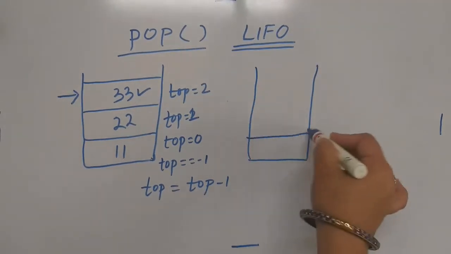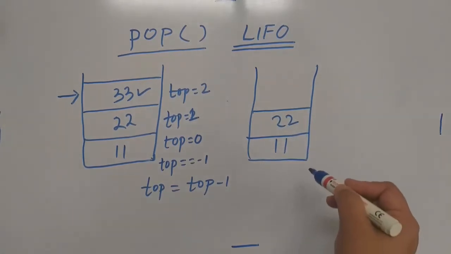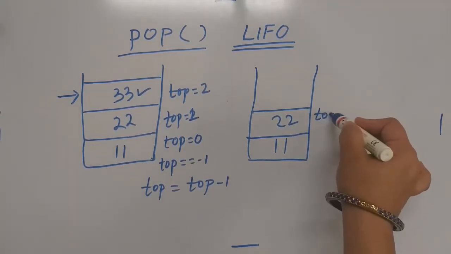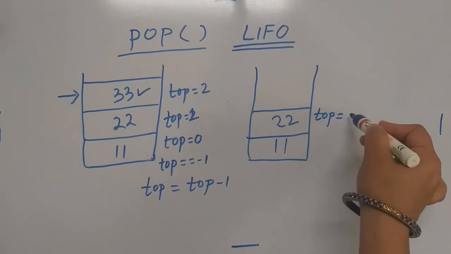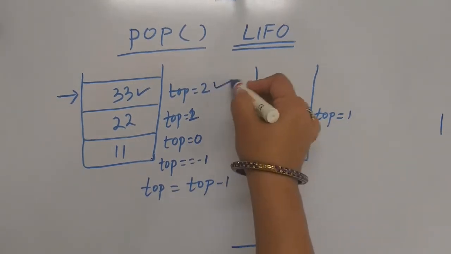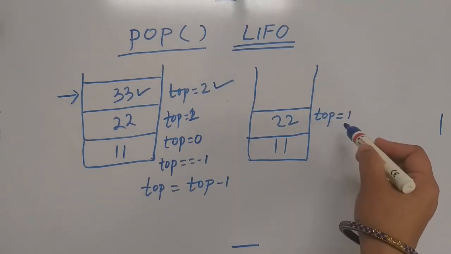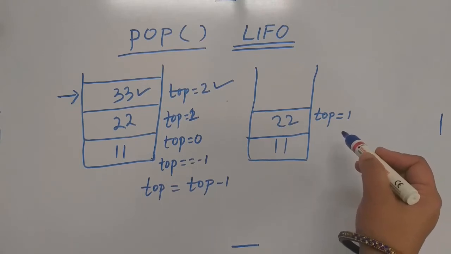Look at this, the result is 11 and 22, two elements are there. The top value is decremented, top equals top minus 1, which is now 1. Previously the top value was 2 and now it equals 1, decremented by 1 position.